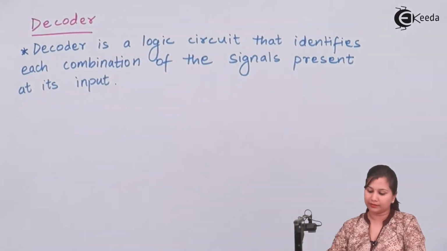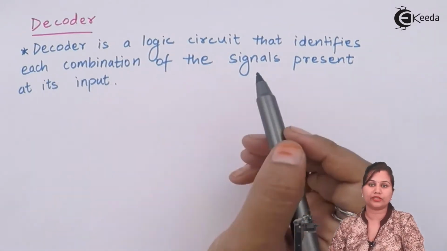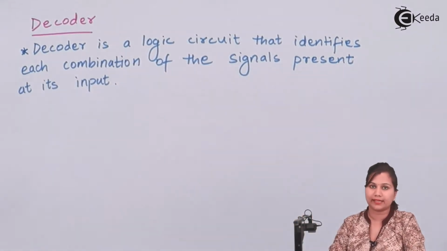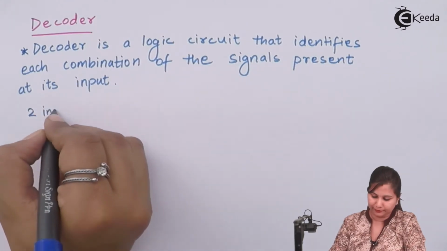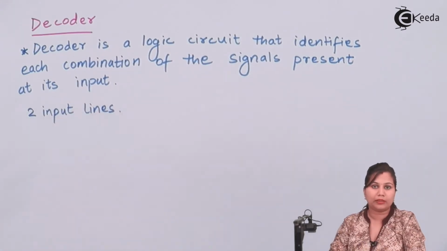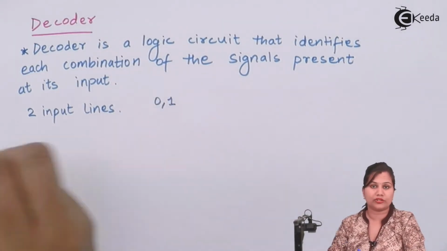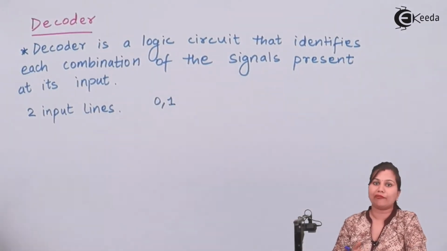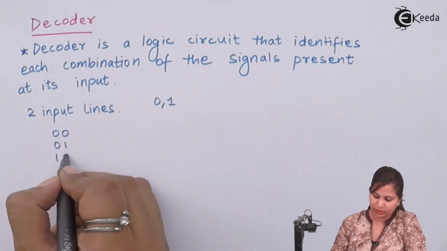Decoders are logic devices which identify each combination of the signals present at their input. For example, if we have a decoder with two input lines, and we give binary data 0 and 1 on these two input lines, they can have four combinations: 0 0, 0 1, 1 0 and 1 1.